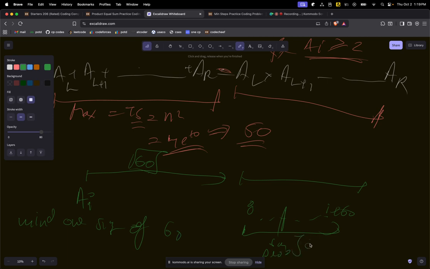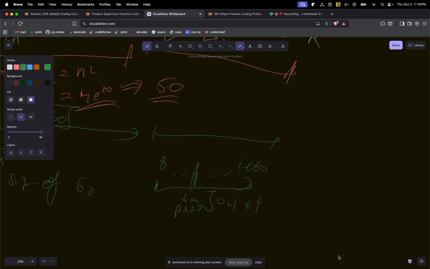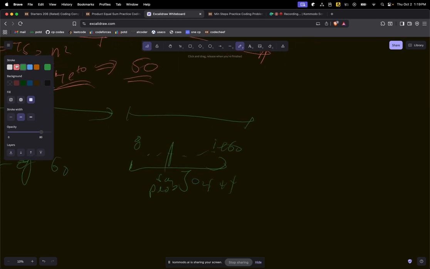If they are equal, do answer plus plus and go on. What would be the time complexity? For each index I'm doing 60 operations, so it would be 60n, which for n equal to 1e5 is 6 into 1e6. That is very manageable. So that is fine.